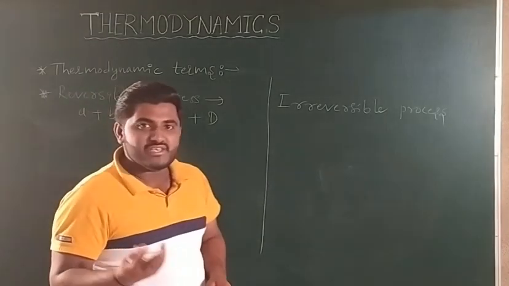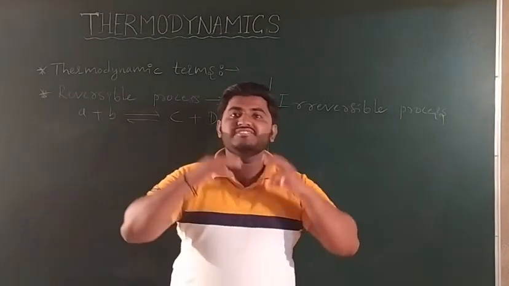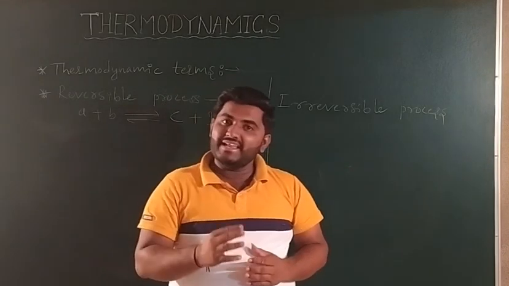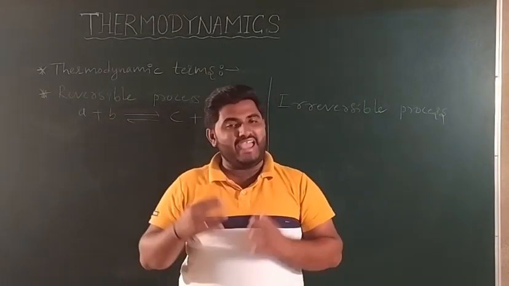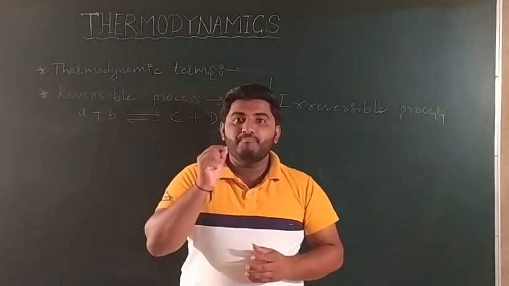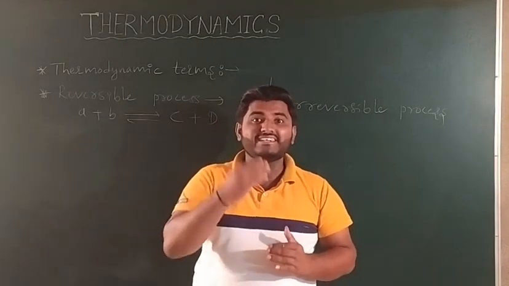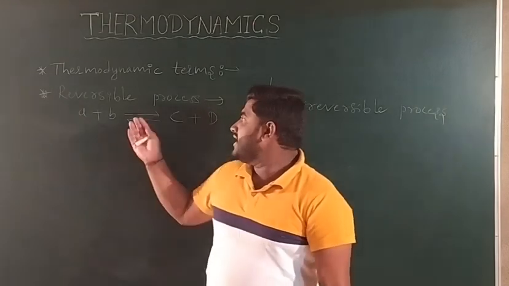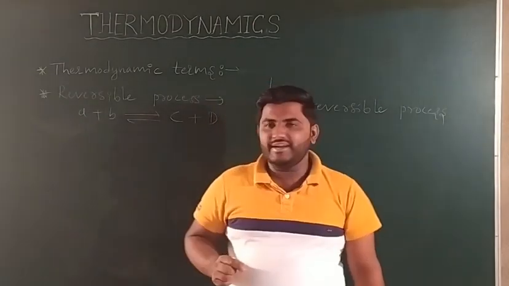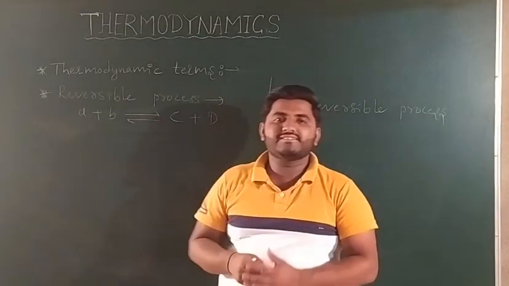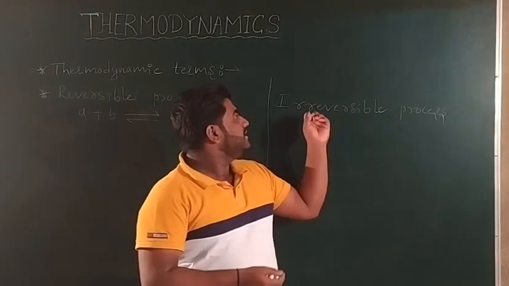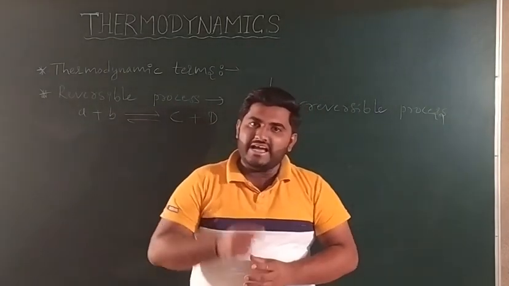A reversible process is a process which is extremely slow and can be reversed at any instant of time by applying an external force greater than the driving force by an infinitesimally small quantity. This is called a reversible process. Then what about an irreversible process?